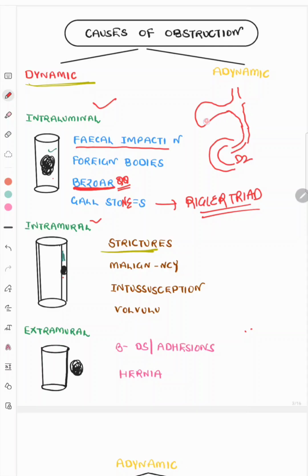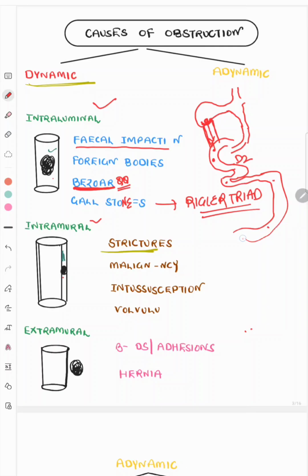So if there is chronic cholelithiasis, what happens? The stone erodes the wall and comes here through a fistula and passes into the intestine like this.